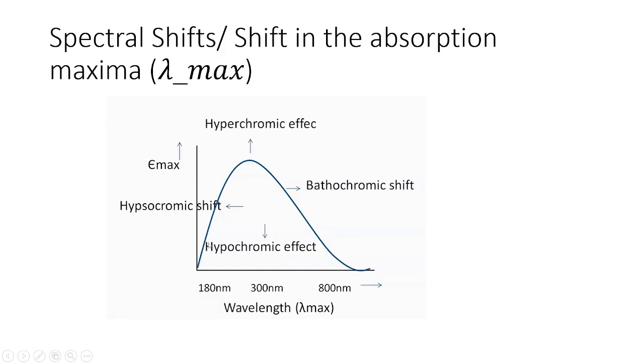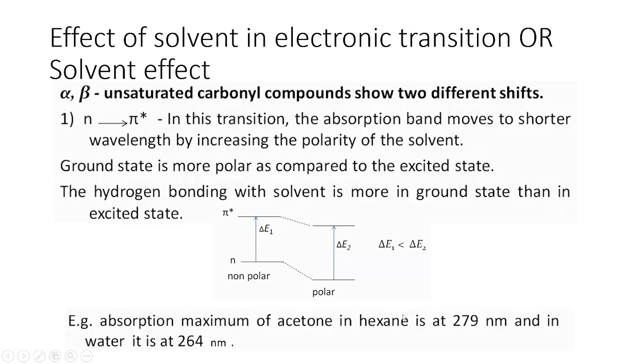When the intensity of the absorption maxima increases, this is called the hyperchromic effect. And when the intensity of the absorption maxima decreases, it is called the hypochromic effect.